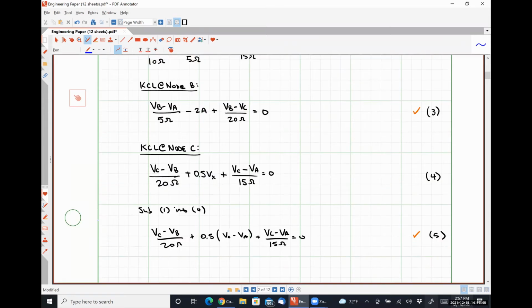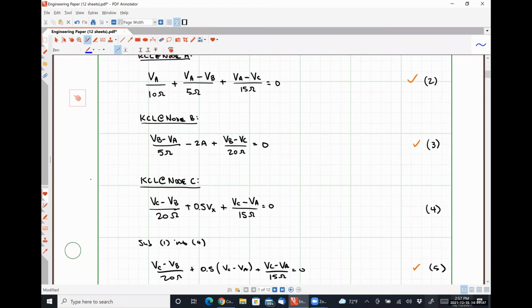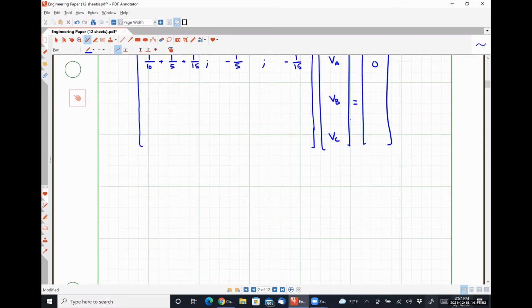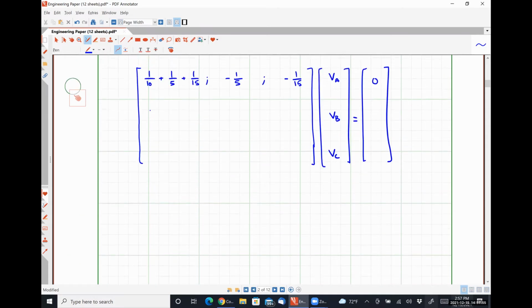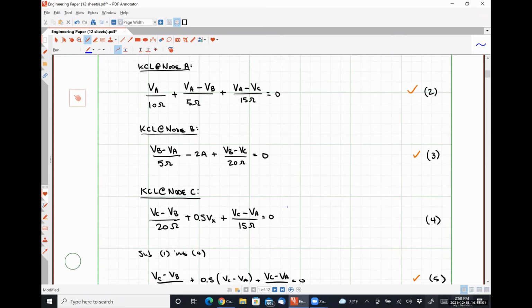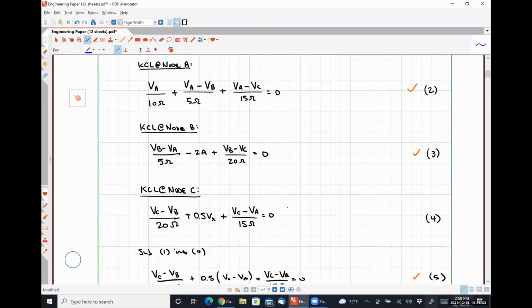If we look at equation number 3, what is our coefficient for VA? -1/5. What is our coefficient for VB? 1/5 plus 1/20.